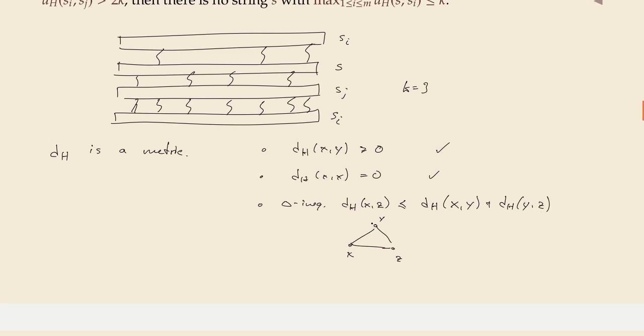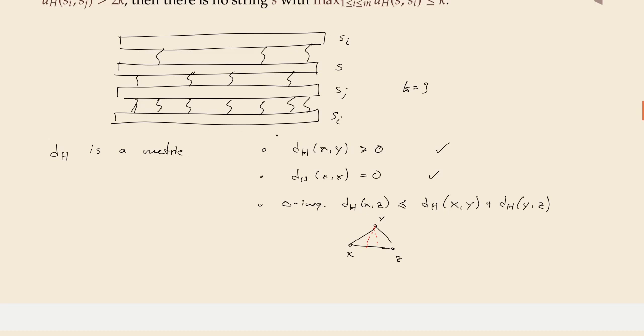And here, I mean, if you draw a circle down here and a circle down here, you see that these two together are much more in the typical case. And if y lies on this line, then you have equality. And this general form is what we call the triangle inequality. It's fulfilled by the Euclidean distance, which is why it's a metric. And it's also fulfilled by Hamming distance, by essentially the picture that we've just drawn.